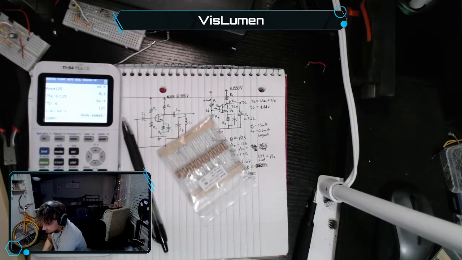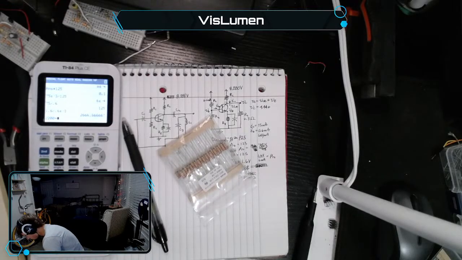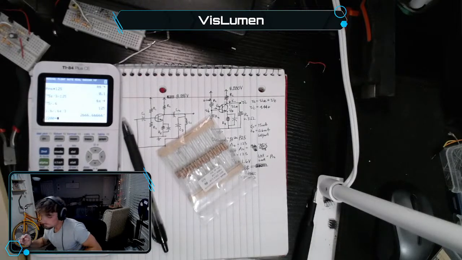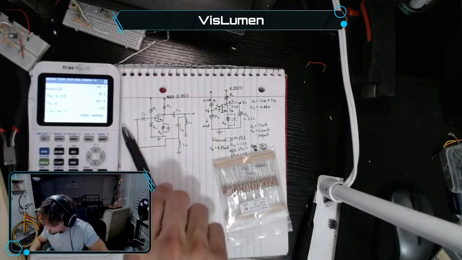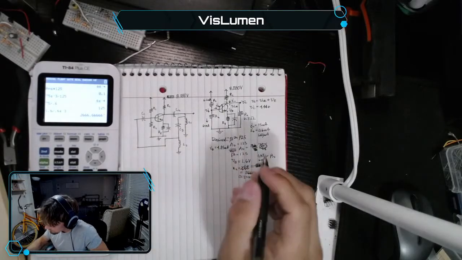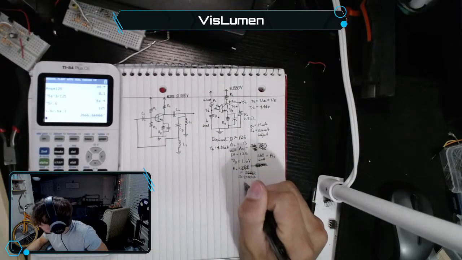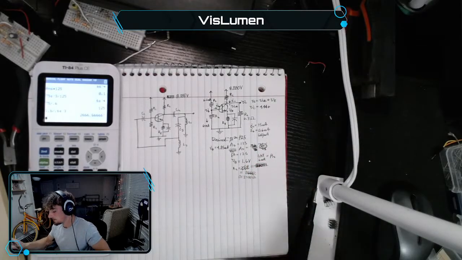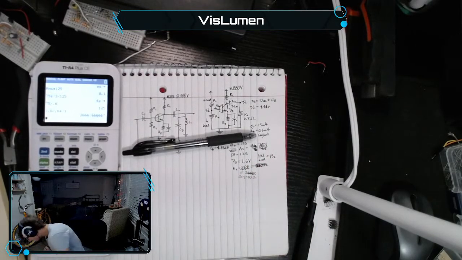What was it? 27. Okay, so, what if we had, oh, that's 22K. No, okay, I messed that up. That's all I wanted.